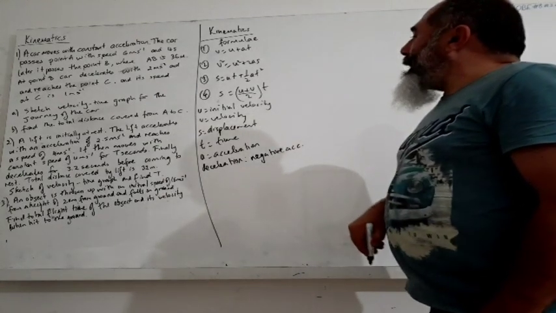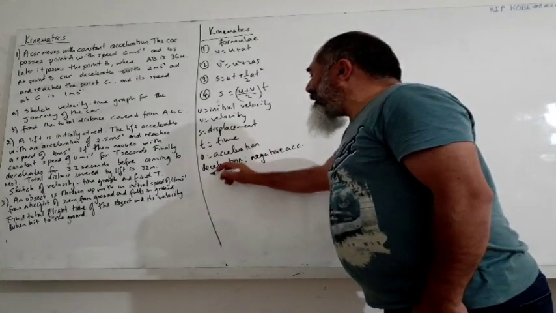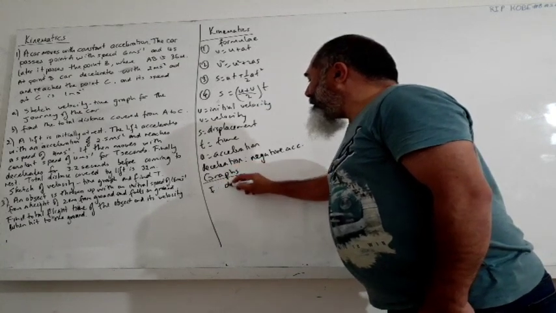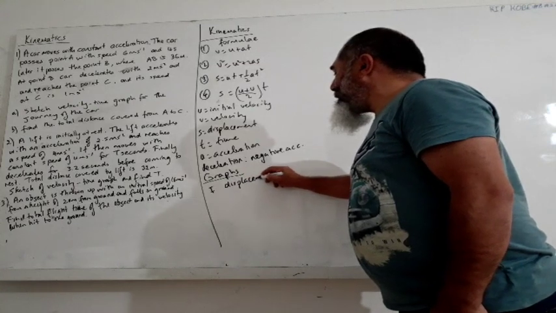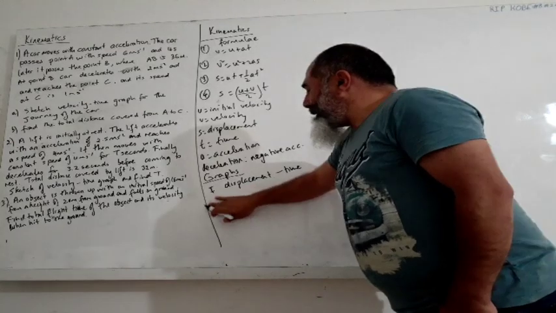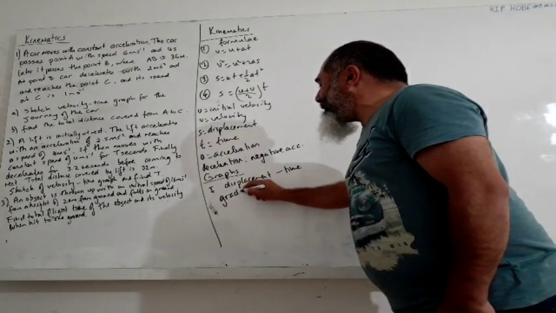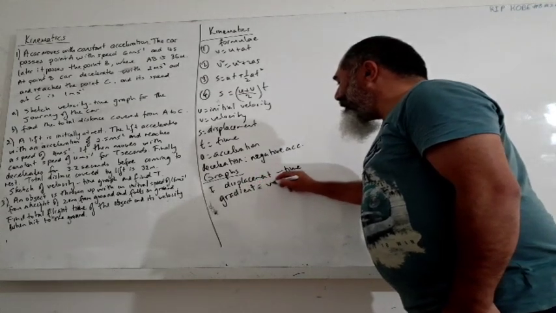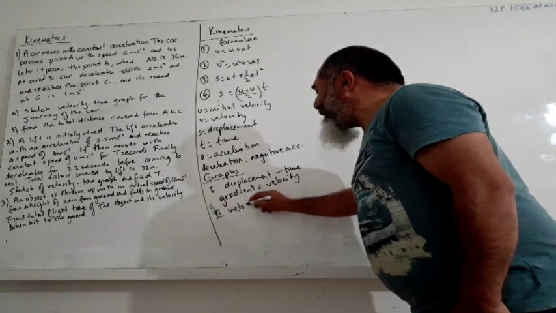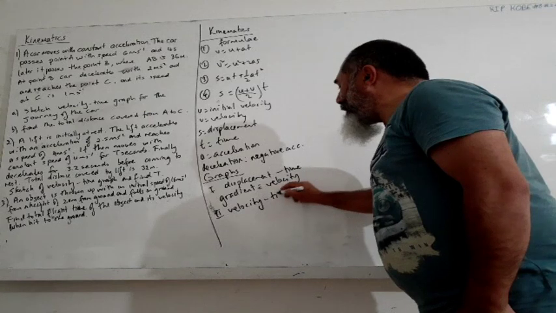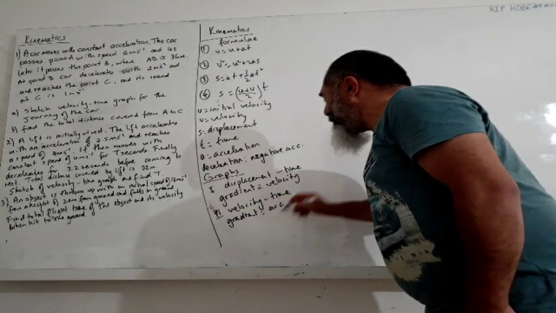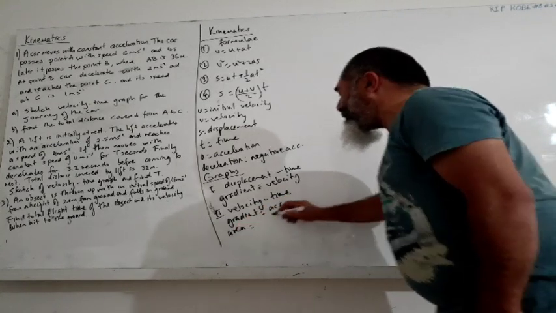And basically we use three graphs. The displacement time graph, where the gradient is velocity. We have the velocity time graph, where the gradient is acceleration, and the area under the graph is displacement.